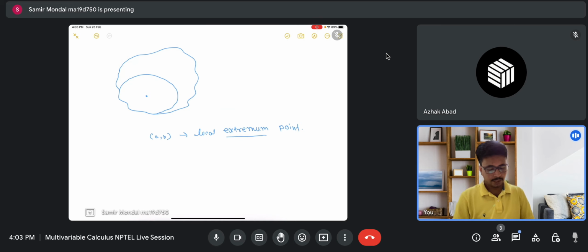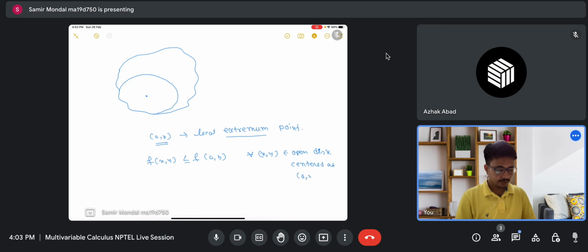If the point has a local maximum, then we get f(x, y) is less than or equal to f(a, b) for all (x, y) belonging to an open disc centered at (a, b). If it is a local minimum, then we get greater than or equal to.